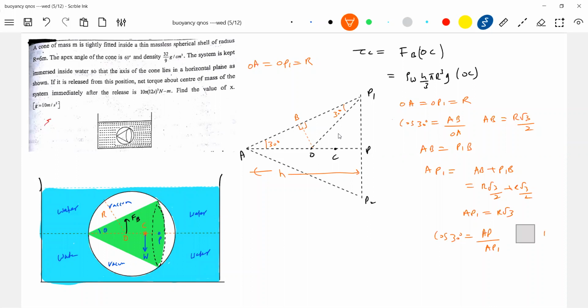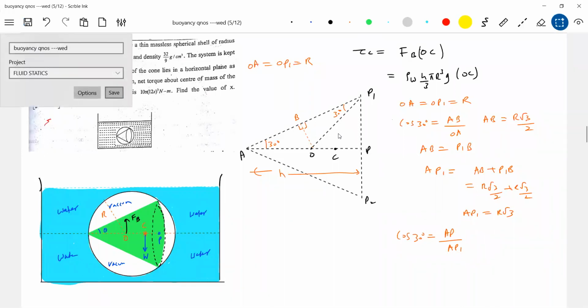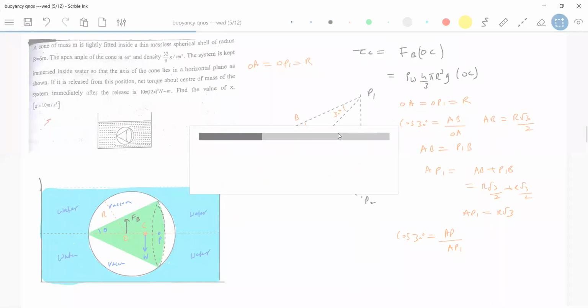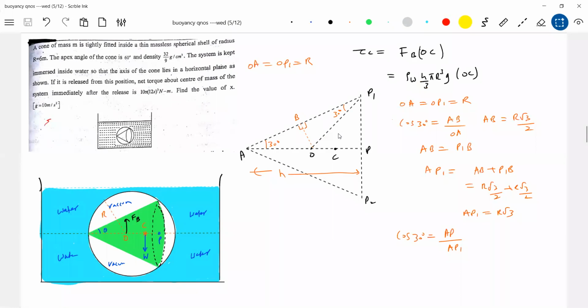All these students are supposed to do with their mathematics. The physics concept of buoyancy is over. For the remaining things, students should immediately jump into the picture. So H is equal to AP1 cos 30. AP1 is R root 3, and cos 30 is root 3 by 2.